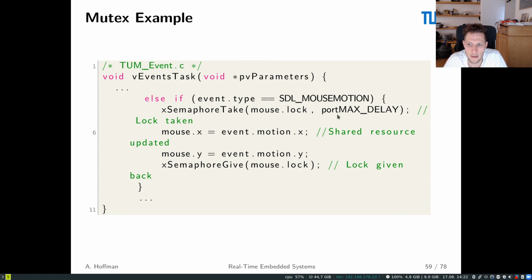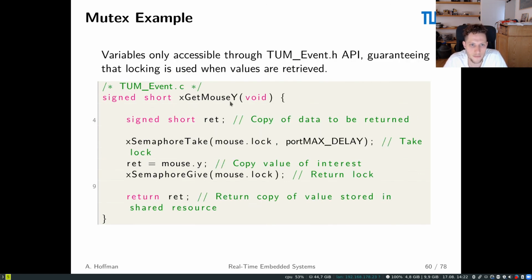This max delay here means, okay, block forever, block until we can obtain the lock. It'll stop at this line until we get the lock, and then once we continue, it's actually using the value. As we can see here, we're actually setting it to some value. So we're writing into memory, we're writing into memory again, and we're finished with the memory, and then we give the lock back, right?